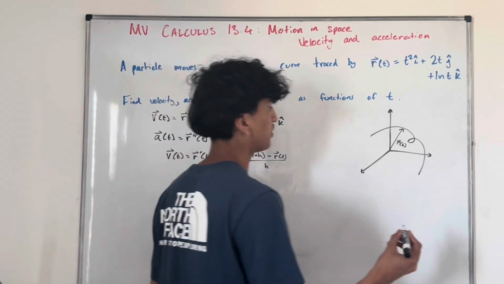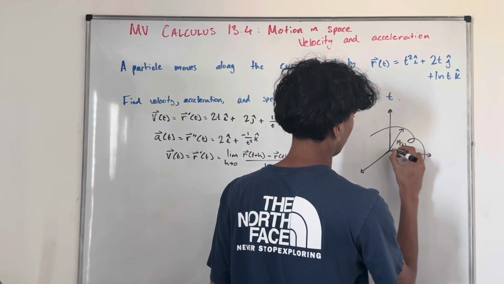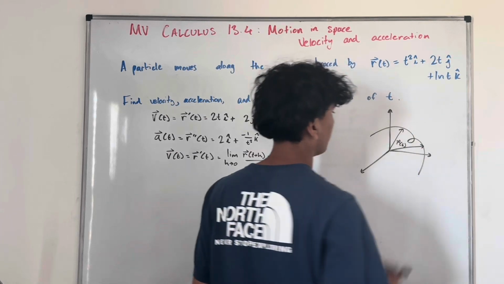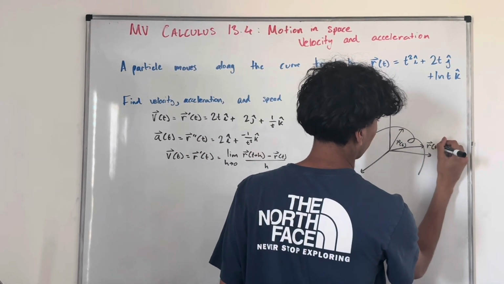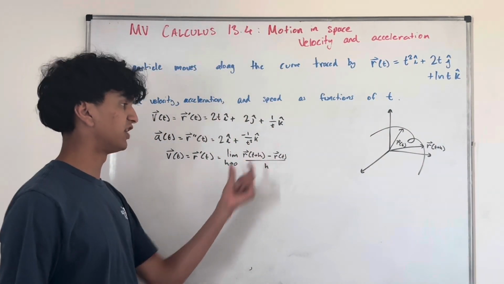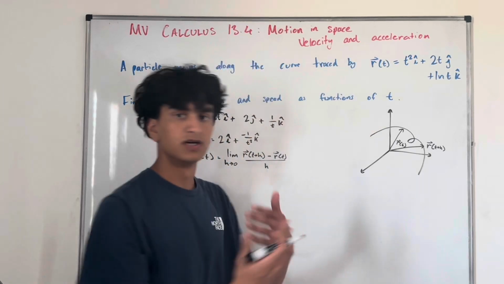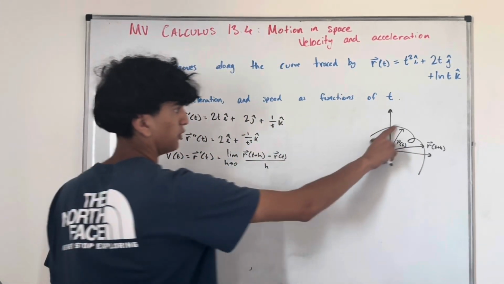just to see, because you can imagine if this was r of t plus h, where h is just some time forward compared to t, so it's going to be a little bit forward on the curve.